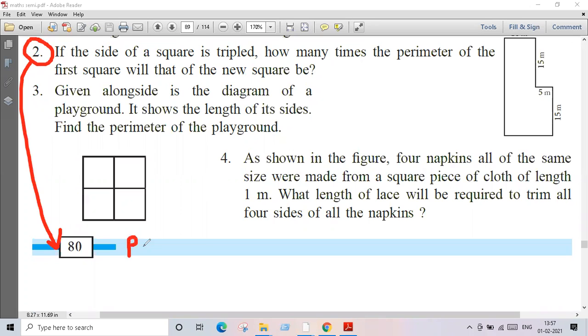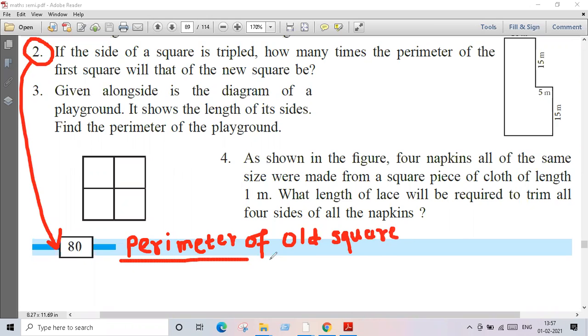So first we will write here perimeter of old square upon perimeter of new square.